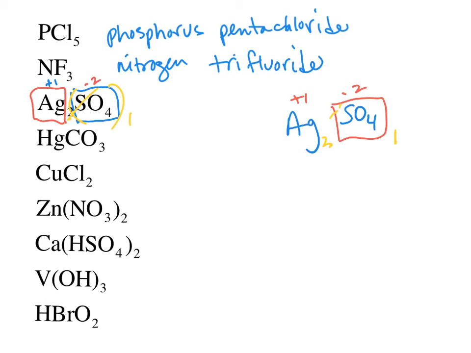So then this translates as silver 2 sulfate, and you don't have to put Roman numeral 2, it's got 2 silvers and a sulfate. The name of the compound will be silver 1 sulfate, but because it's only got one charge, you just call it silver sulfate. All right, so this one is silver sulfate.